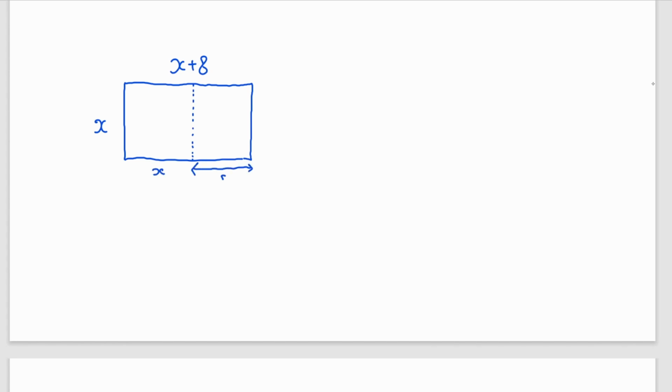Okay, now let's have a look at what we did with the rectangle. First of all, we started with a rectangle with sides x and x plus 8. Then we cut out the square with the side x. So the remaining part of the side is 8.